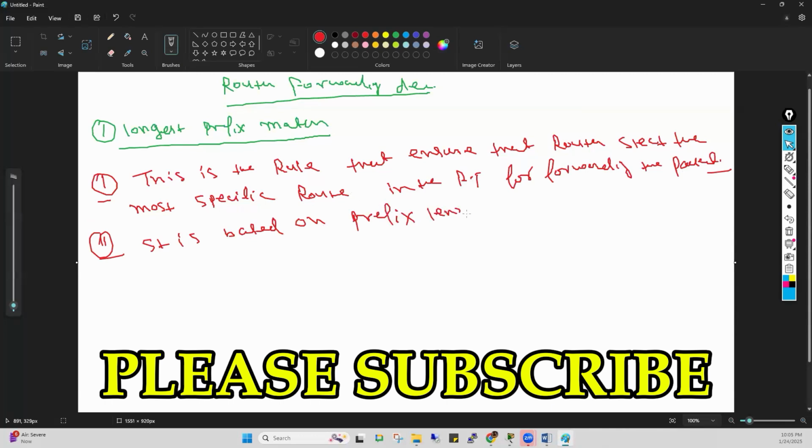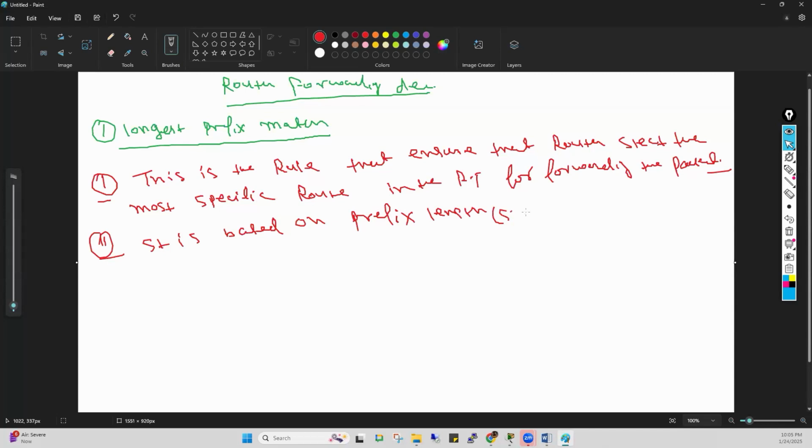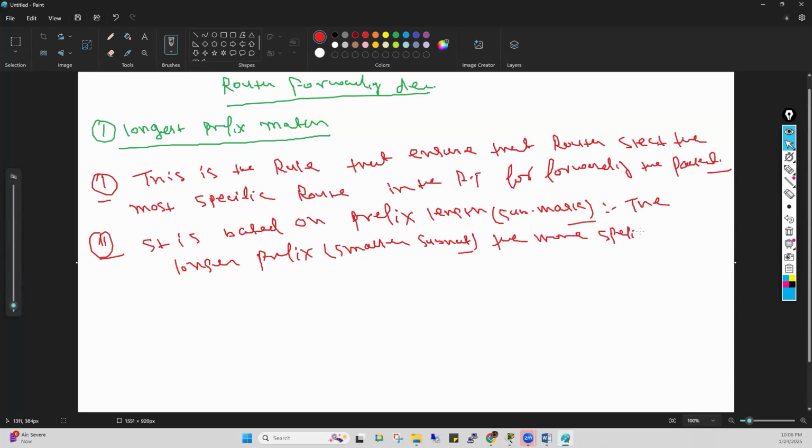What is prefix length? Or maybe you understand subnet mask. Clear? So what do you mean by it? The longer prefix means a smaller subnet basically. A smaller subnet or a smaller network. Okay. The more specific the route. I will clear this for you with an example. Don't worry. Clear?